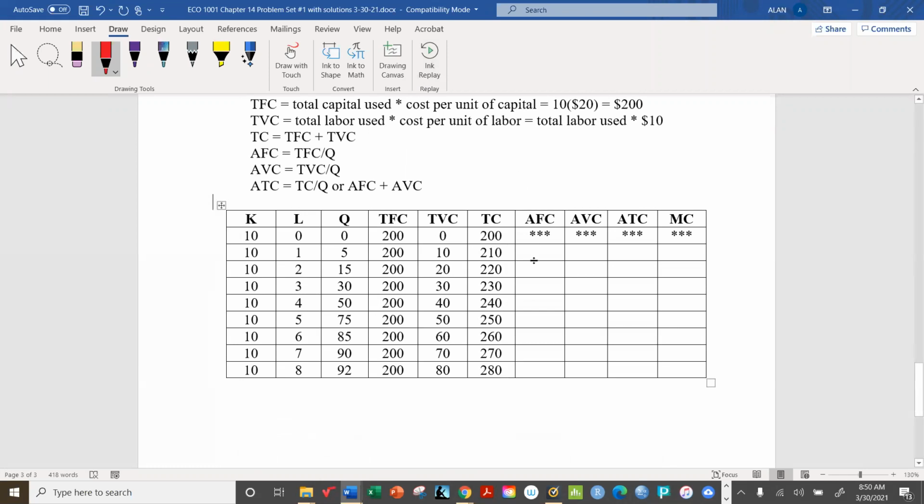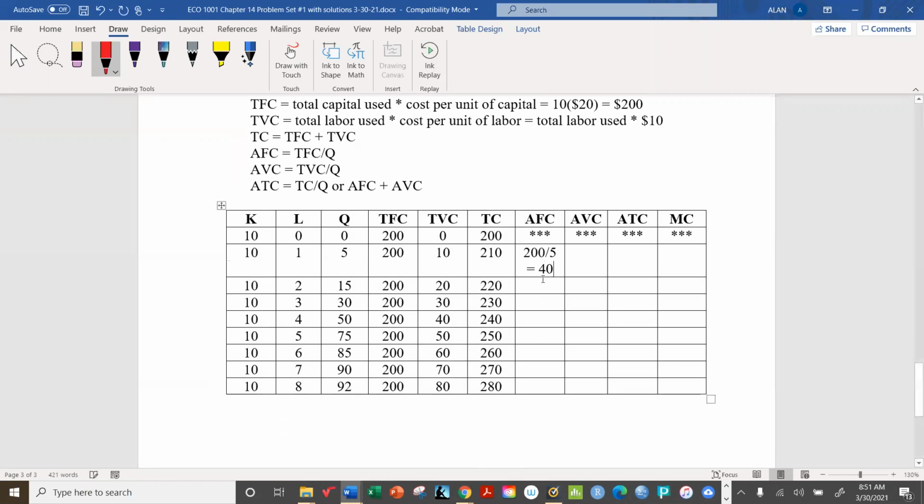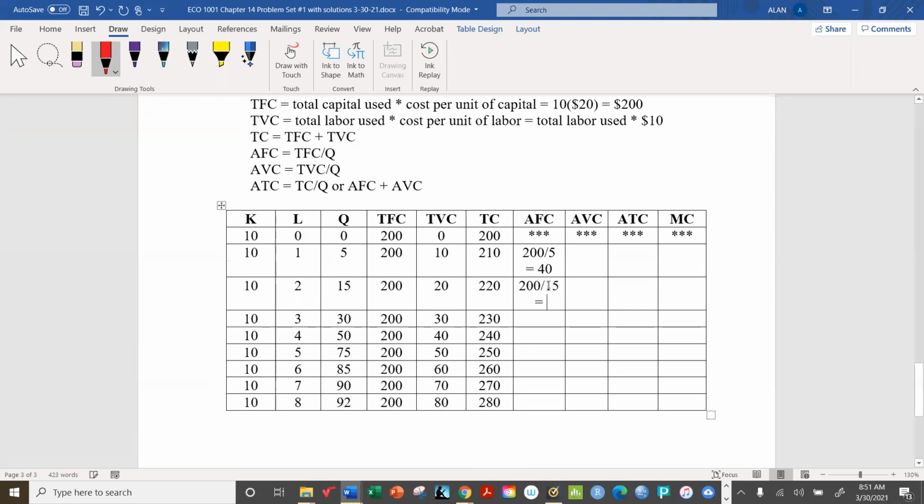So, all right, let's do it now here for average fixed costs. So this one can get a little tricky. We're looking at this column, and then we're simply dividing by the quantity of output over here. All right, so for example, this first one would be 200 over 5, which is 40. This one will be 200 over 15, which is 13.33.